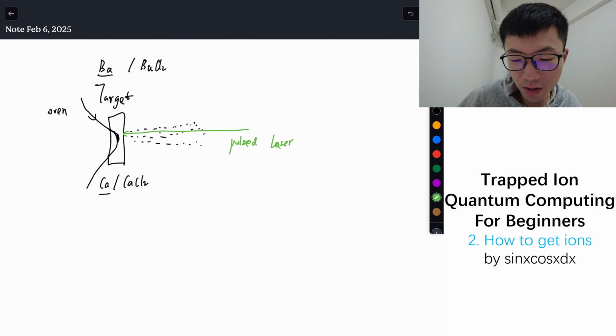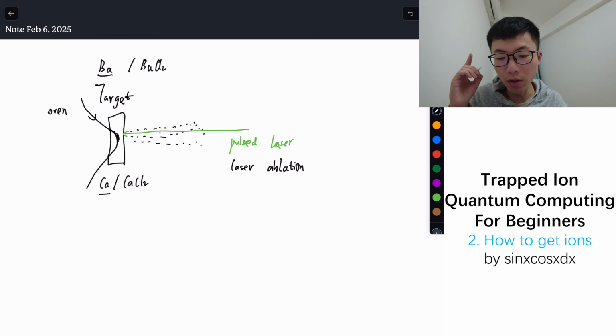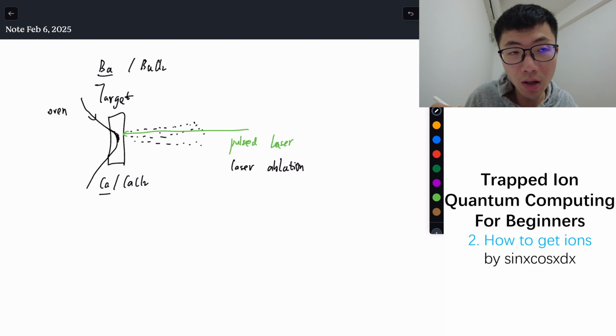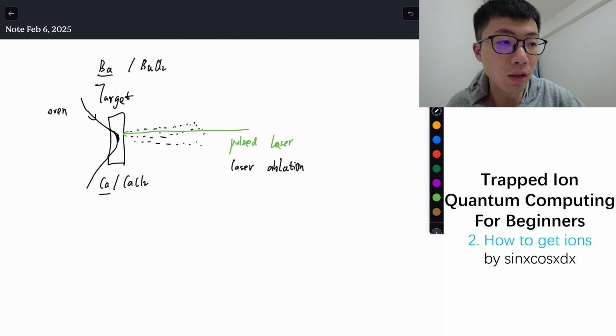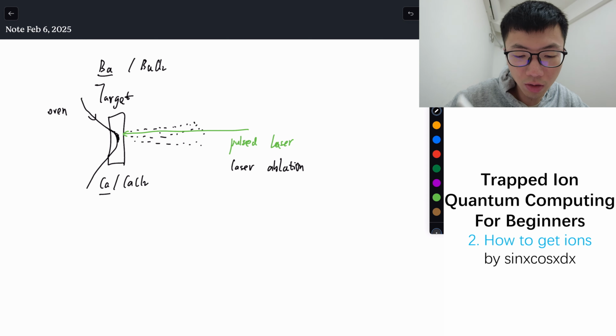This method is called laser ablation. If we use this, the target could be either metal or compound. Either is okay. So in this way, we can get the atomic beam out.